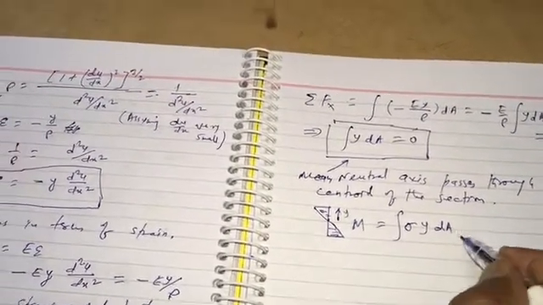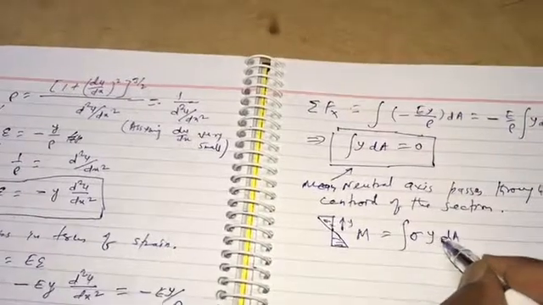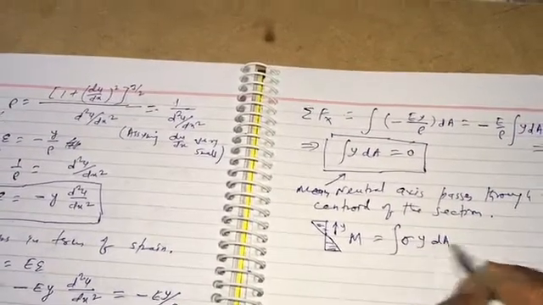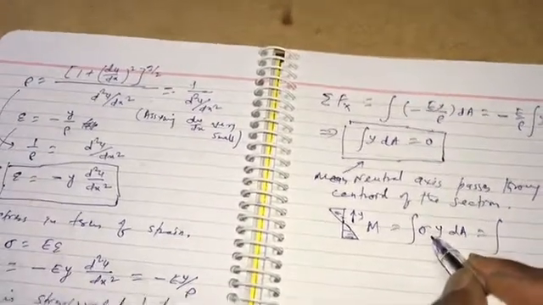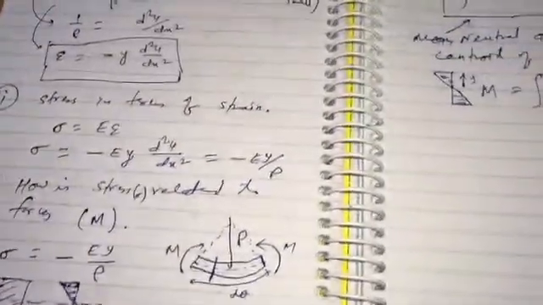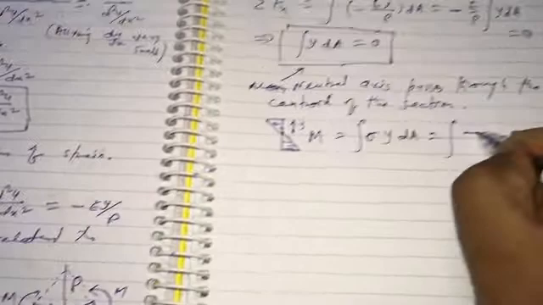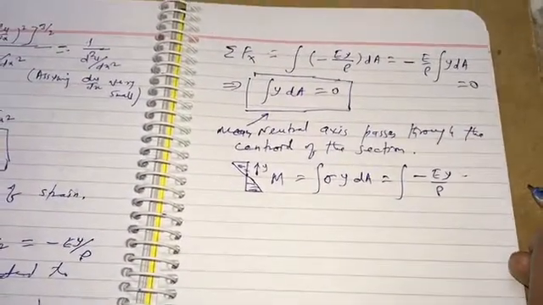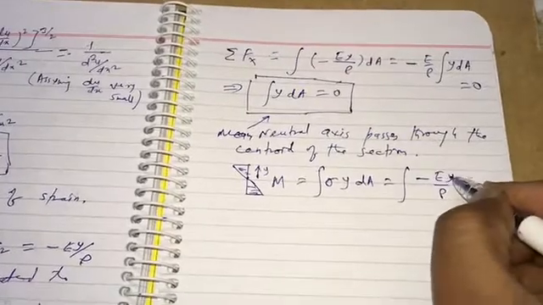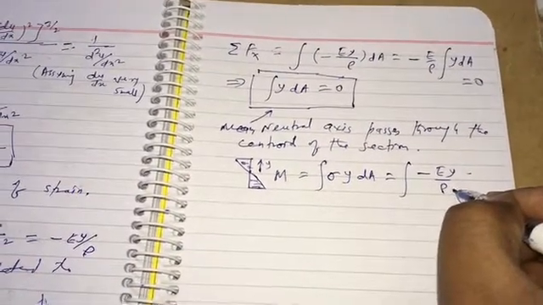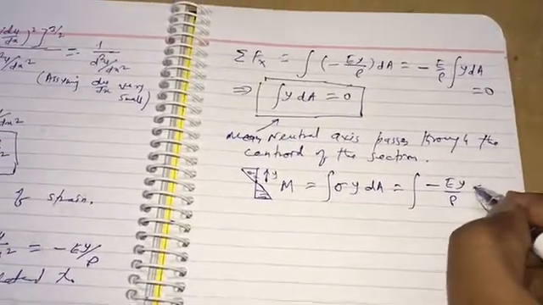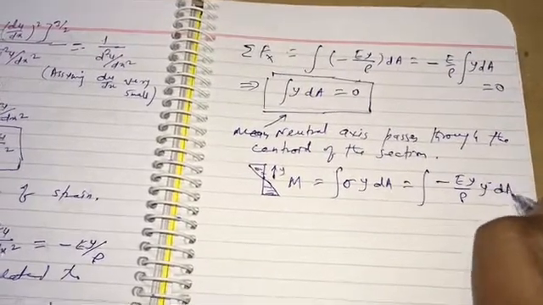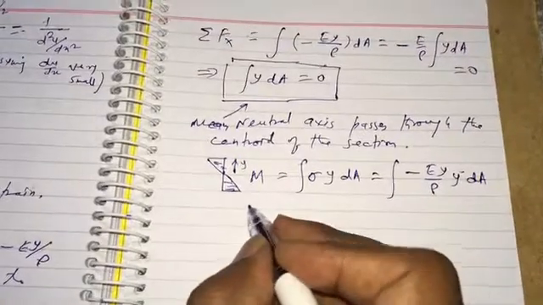But we know that sigma is equal to minus Ey over rho. So minus Ey over rho is the sigma, multiplied by y dA. So what do we get?